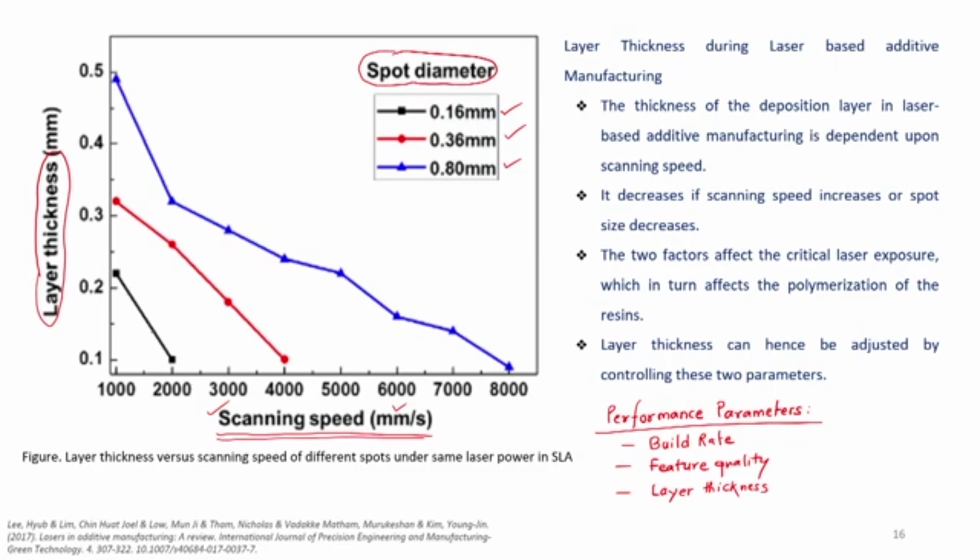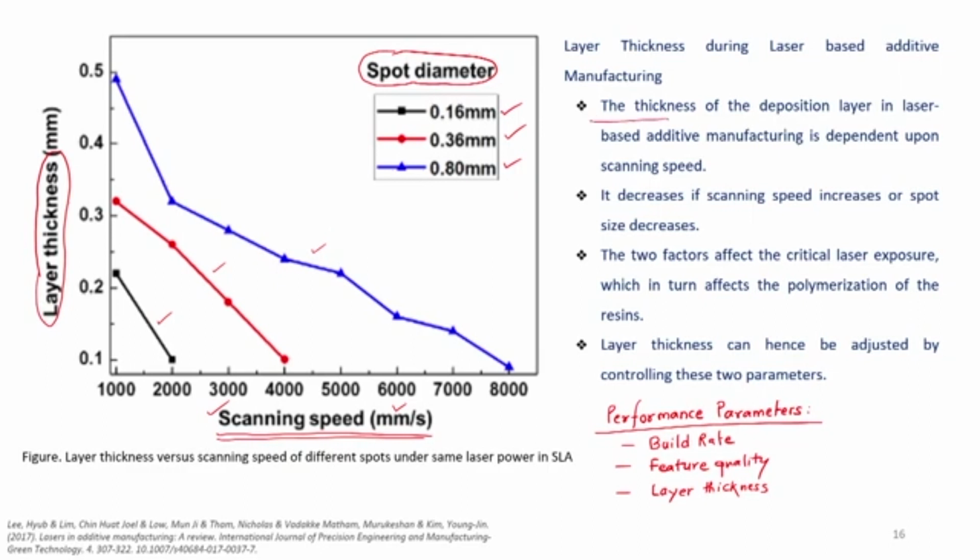So, if you consider the 0.16 mm of spot diameter, the layer thickness is reducing with scan speed increase. Same trend is for 0.36 millimeter of the spot diameter as well as 0.80 millimeter of the spot diameter.